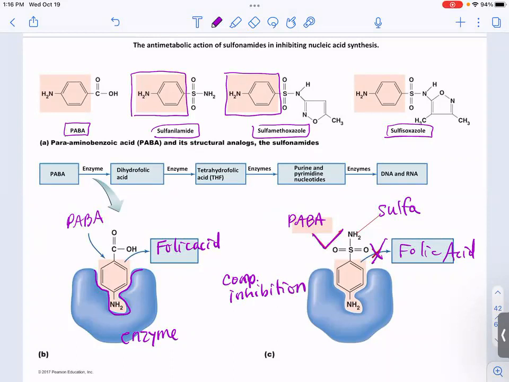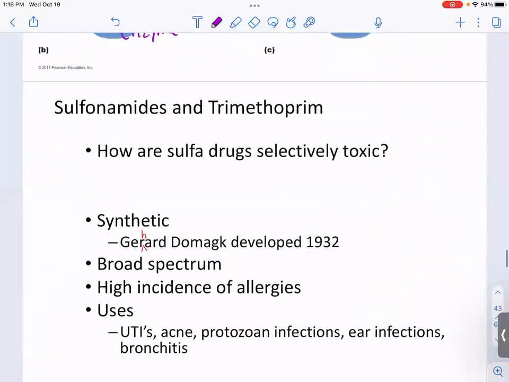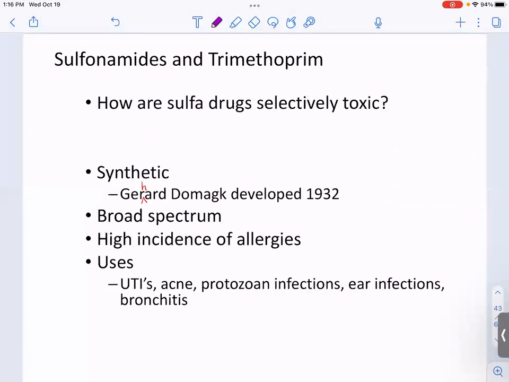So you can see here, you know, what's the so what? The bacteria are not going to be able to make DNA and RNA, or they're going to be full of mutations, basically. Okay, so hopefully you're thinking about, well, how are sulfa drugs selectively toxic?